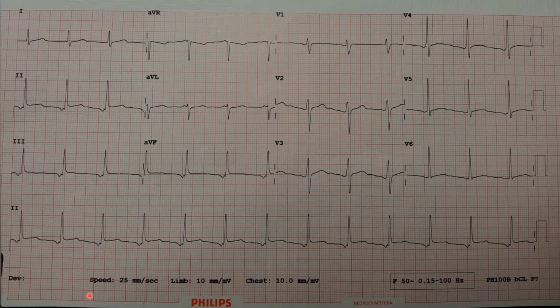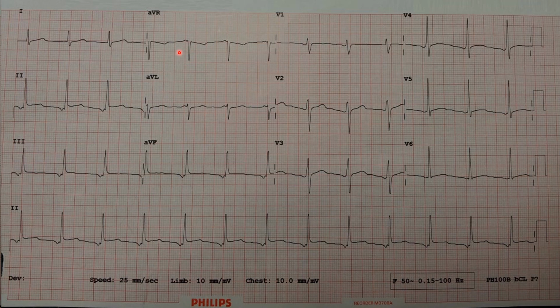For a P wave to be a sinus P wave, which is a healthy P wave, it has to be upright in leads 1, AVL, the inferior leads, and the chest leads, and it should be negative or inverted in lead AVR. What we can see here is that the inferior leads 2, 3 and AVF are showing inverted P waves and lead AVR is upright.